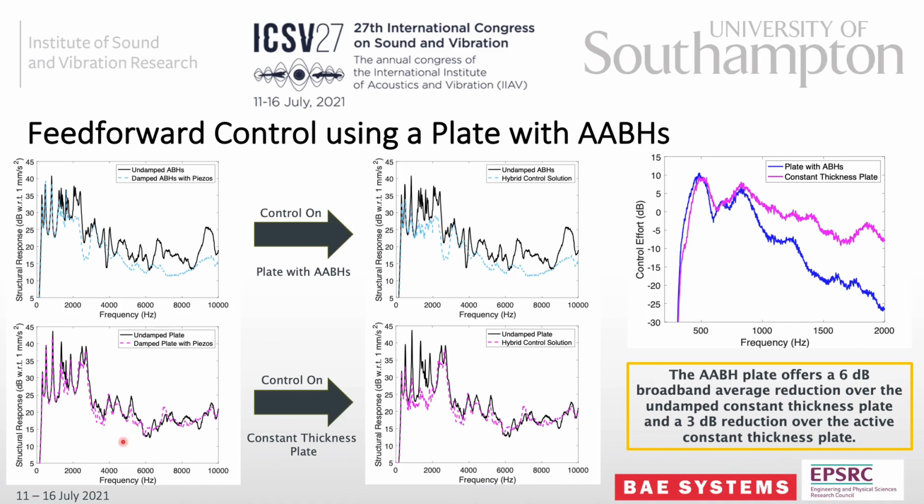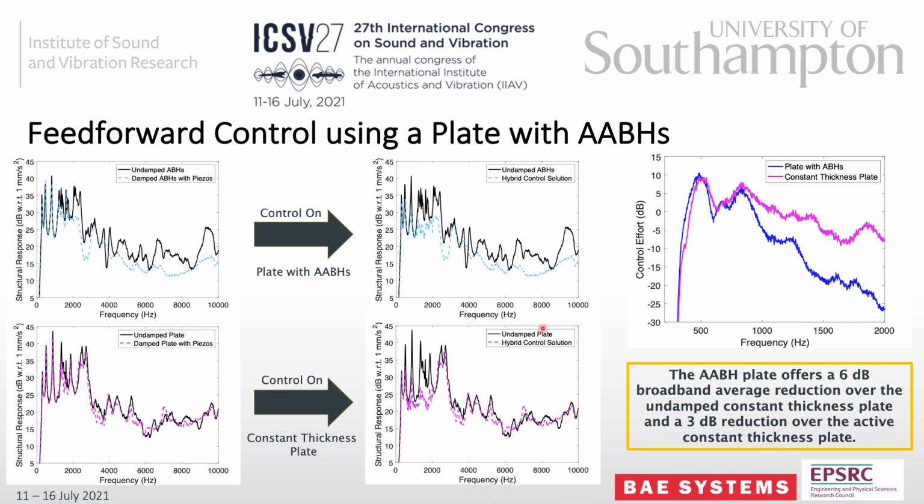Whereas on the constant thickness plate, which is shown below, you can see that whilst performing active control gives good reduction between 250 Hz and 2 kHz, above this we're still lacking any sort of control of the plate, so it's not really good over a broad frequency range.